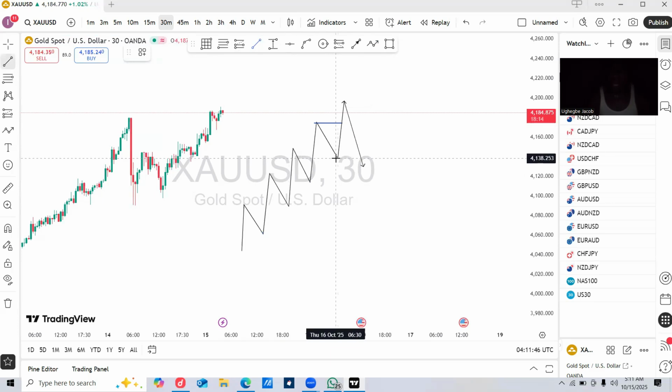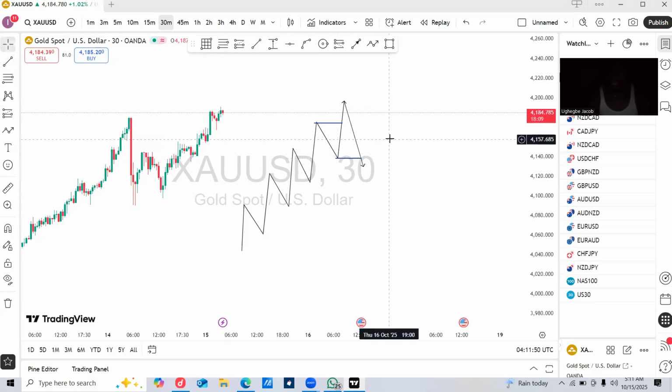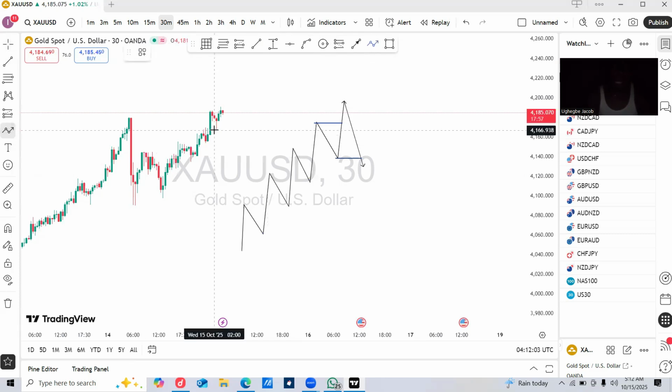Once the market has taken out this low, your bias now is to start looking for opportunity to sell the market, because the character of the market has changed from this uptrend to a downtrend.